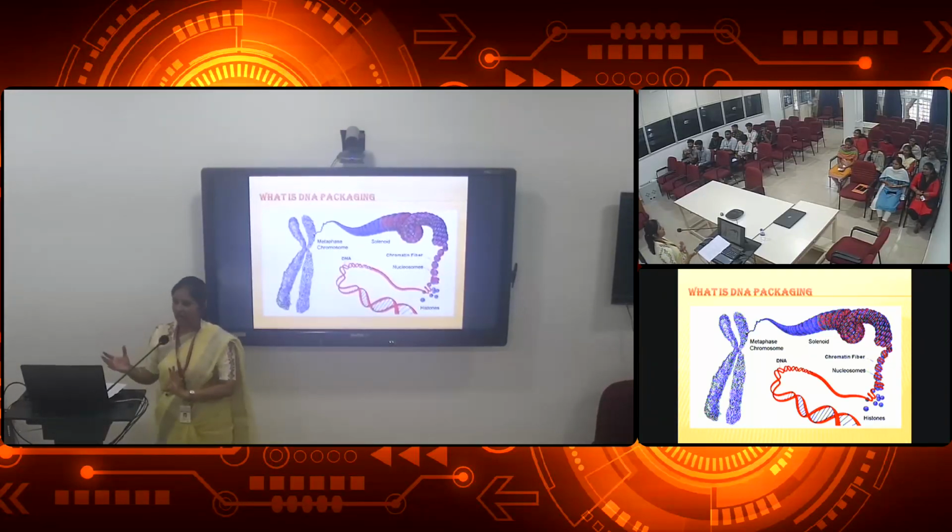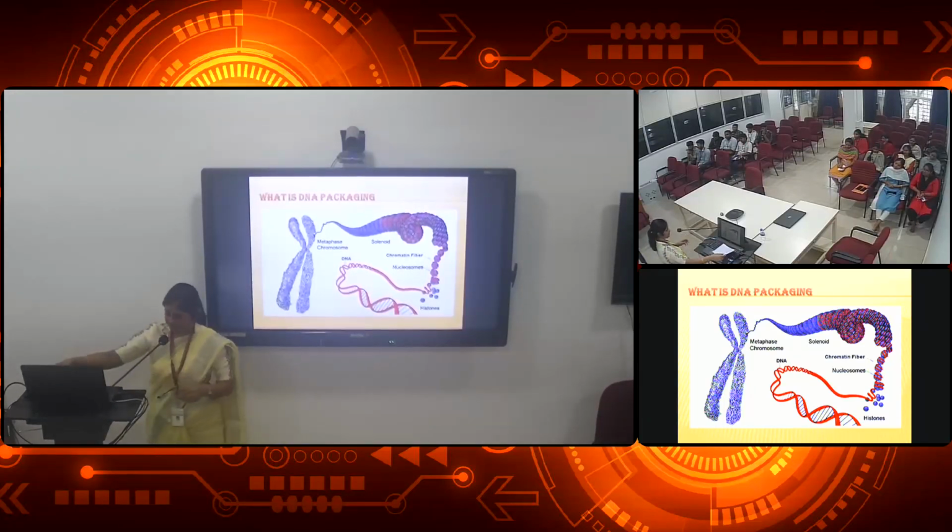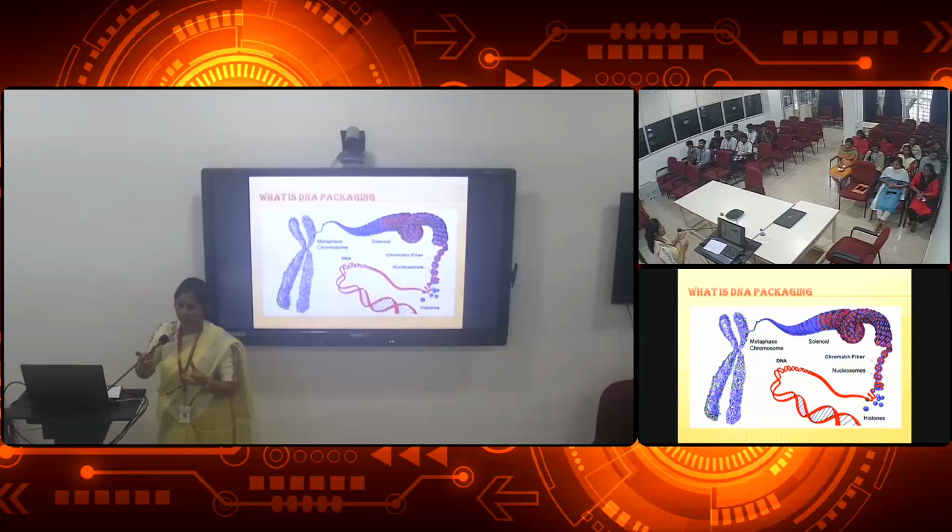And the third order is the Scaffold loop of chromatids, that is, chromatids present in a loop-like structure. So the first order is the nucleosome, the second order is the solenoid form, and the third order is a loop-like structure. These are the 3 orders present in DNA packaging.